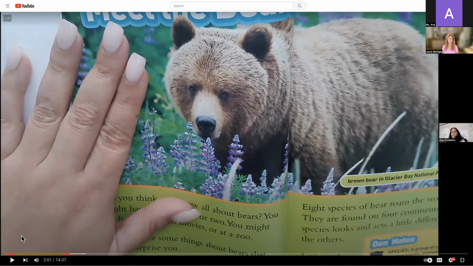The face of the bear. 20 seconds left. Ten seconds left. 3, 2, 1. Play video.